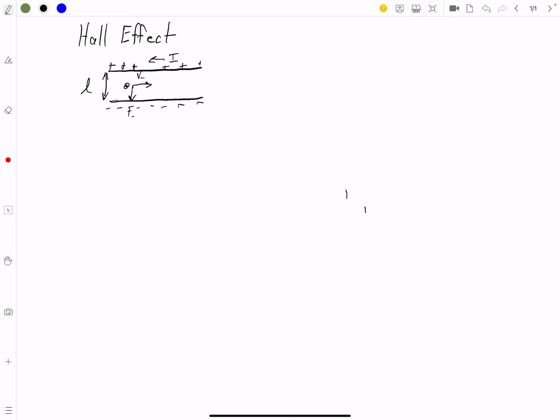And all of this is because we put it into a B field that's going into the page. So this is all inside of a B field going into the page. And we call this the cross field case.